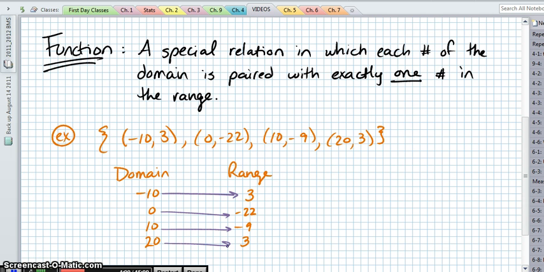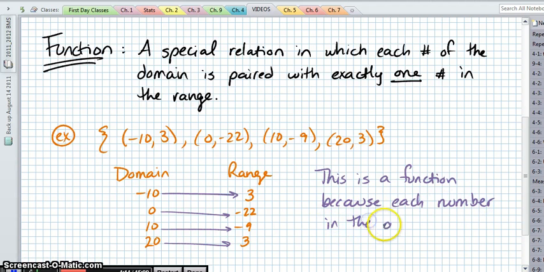So this is a function. And again, we can say because each number in the domain is paired with exactly one number in the range.